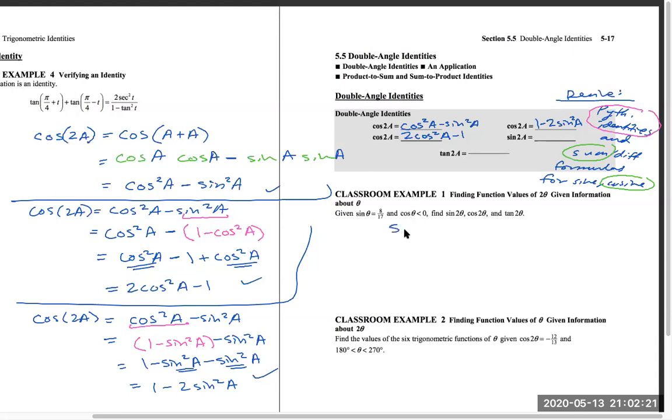So for this one, you're going to use that same premise to start. You have a sum formula for sine. So that part is sine, cosine, cosine, sine, with the same sign between.